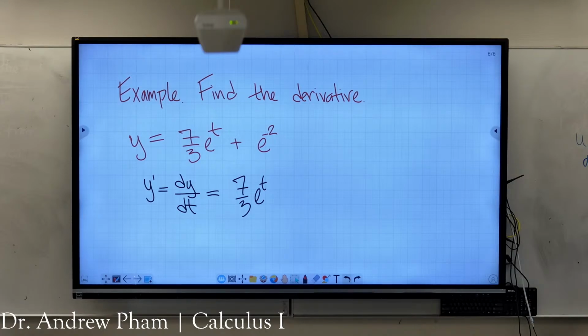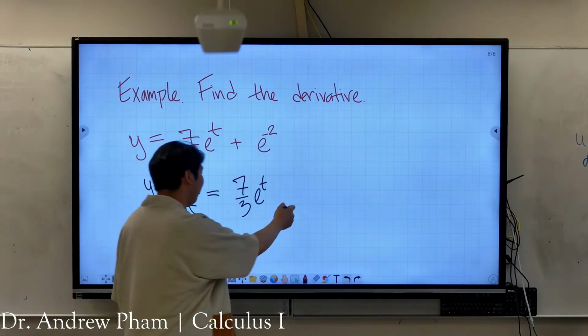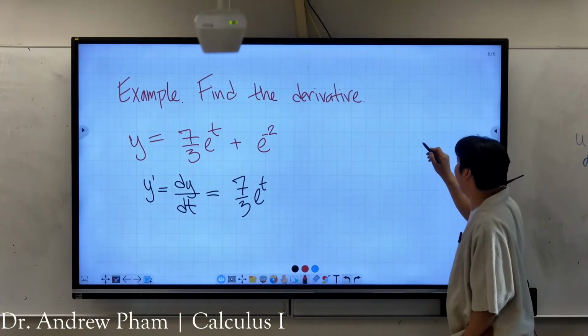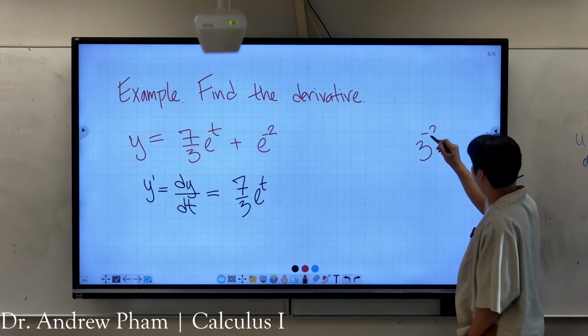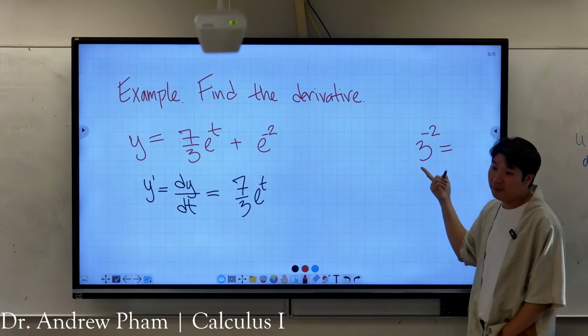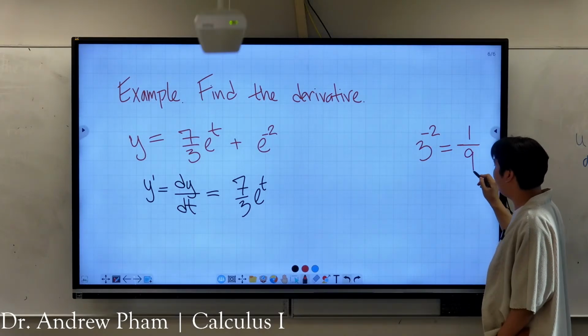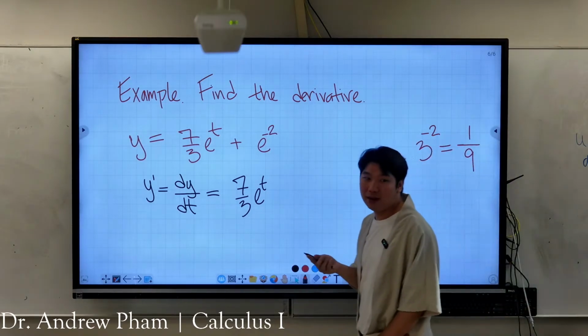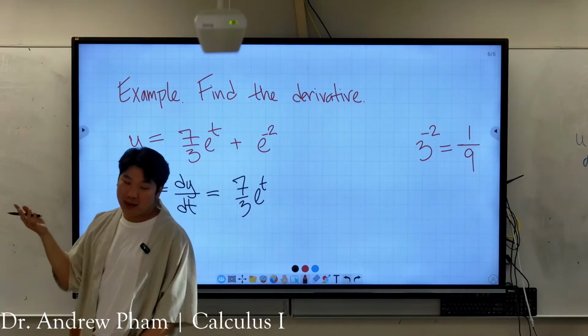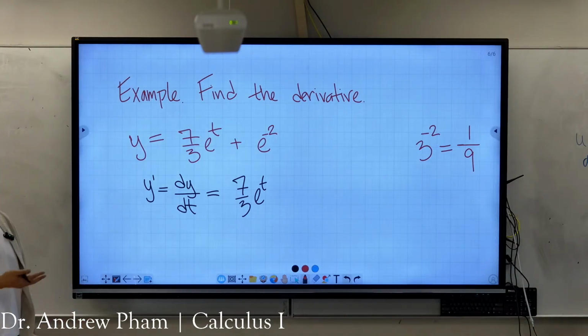Yeah, because e is a number to the negative second power. For example, if I wrote this on the side, and I said get the derivative of that, that's the same thing as 1/9. You would say the derivative of 1/9, that's a number, that derivative is 0. Here, e, again, I want to emphasize e by itself is just a number.